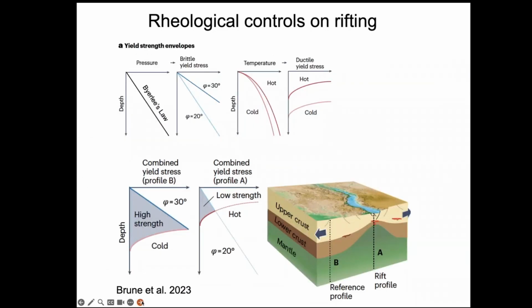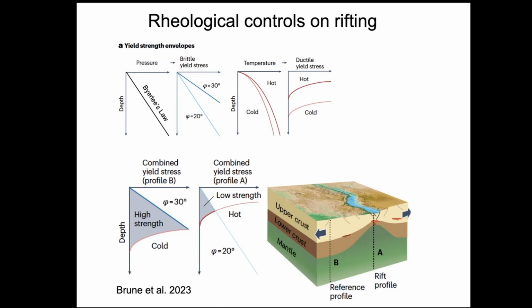So, what are the rheological controls on rifting? We talked quite a bit about rheology, and now we're going to use some of that. We talked about these strength envelopes, right? Where the upper strength is controlled by Byerlee's law, the brittle failure of rocks, and at depth the strength is controlled by the creep of the weakest minerals in the continental crust. That's thought to be quartz.